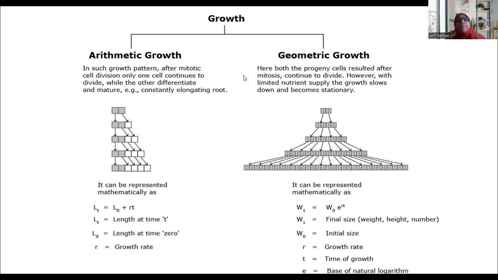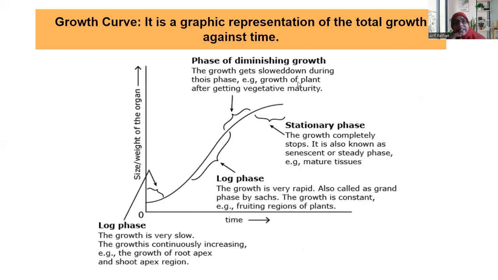Some parts of the plant may show arithmetic growth, or some parts may show geometric growth. Example: arithmetic, a constantly elongating root, where in the elongation region of the root arithmetic growth happens. Geometric, here meristematic cells; wherever there are meristems, geometric growth will happen, with rapid multiplication and division of cells.